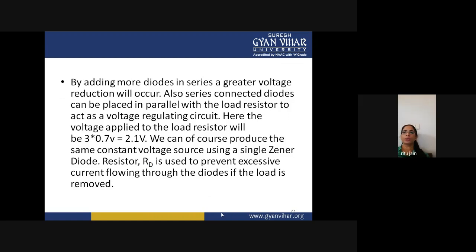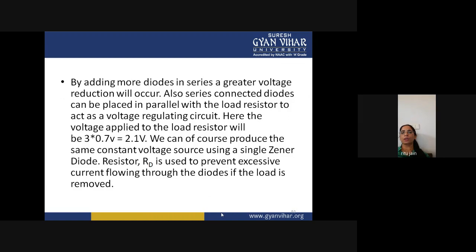Series connected diodes can also be placed in parallel with the load resistor to act as a voltage regulating circuit. Here the voltage applied to the load resistor will be, if you are taking 3 diodes, 3 into 0.7 volt, which is equal to 2.1 volt. We can of course produce the same constant voltage source using a single Zener diode.